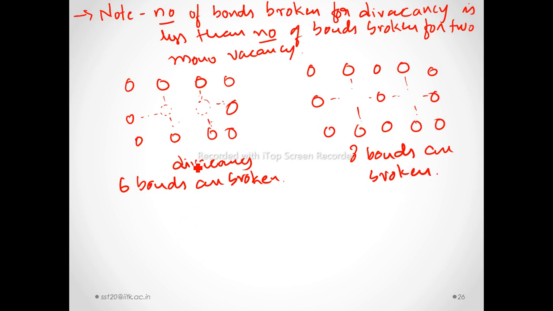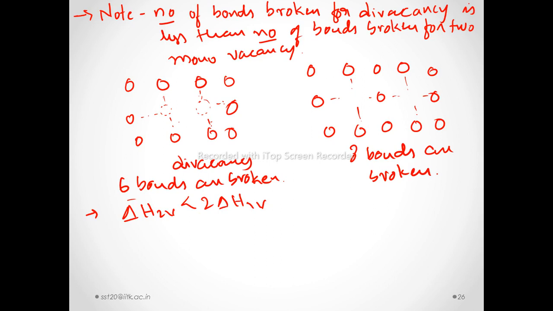That's why to create one divacancy we need lesser enthalpy as compared to that of the two monovacancies. Then we can write it as delta H2V is less than 2 into delta H1V.